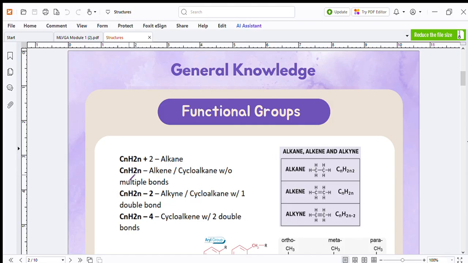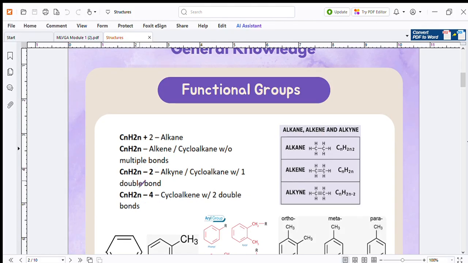Pag sa naman sa alkene, yung minimum niya is 2 carbons. So pag 2 carbons po ang meron tayo, so magiging C2H4. Pag sa alkyne naman, pag dalawa po ang carbon natin, so C2H2.